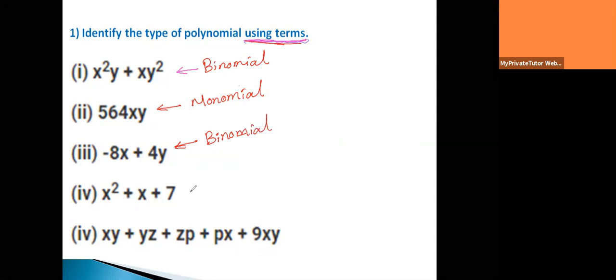How many terms we have, Joseph, in the next one? What type of polynomial the fourth one? Yeah, trinomial, because we have 3 terms. Yes, very good. And the last one, how many terms we have? 1, 2, 3, 4, 5. So let's call this simply a polynomial.